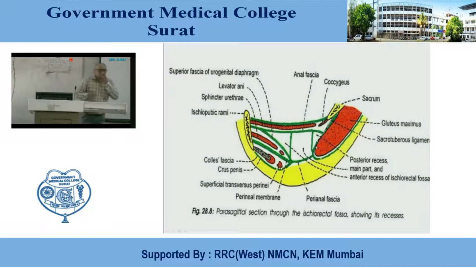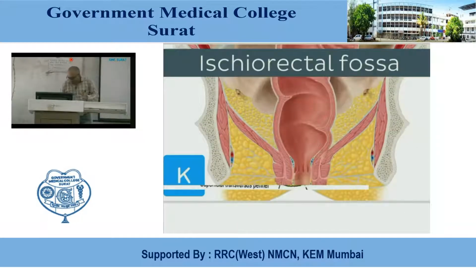So we have discussed all these boundaries. Laterally, let's have a quick recap about the boundary. Lateral is the obturator internus with the fascia. Medial one, which is a sloping boundary, is formed by the pelvic diaphragm with the anal fascia, and in the lower part it's the external anal sphincter.